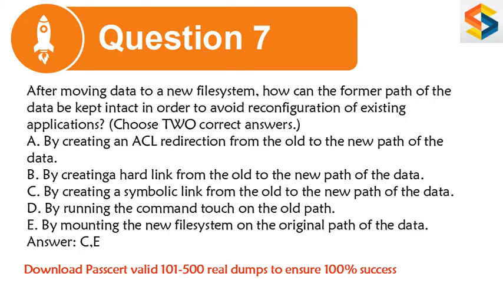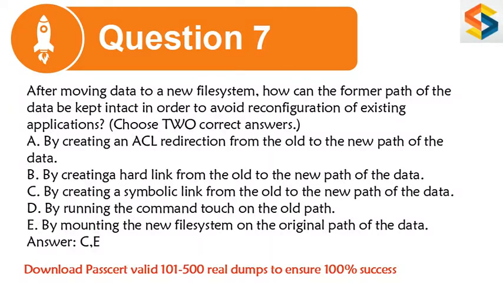Question 7. After moving data to a new file system, how can the former path of the data be kept intact in order to avoid reconfiguration of existing applications? Choose 2 correct answers. A. By creating an ACL redirection from the old to the new path of the data.